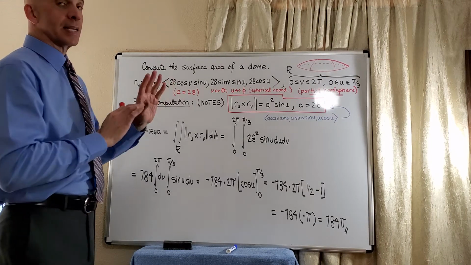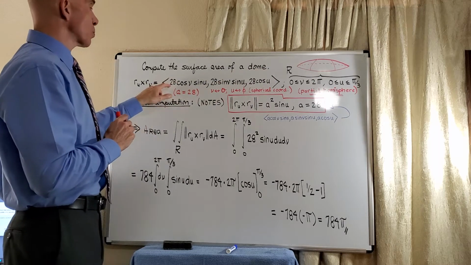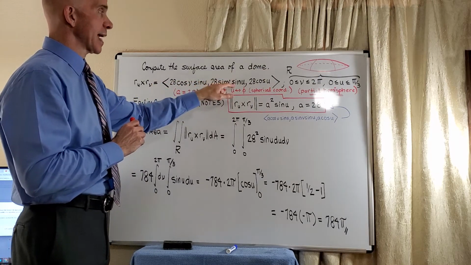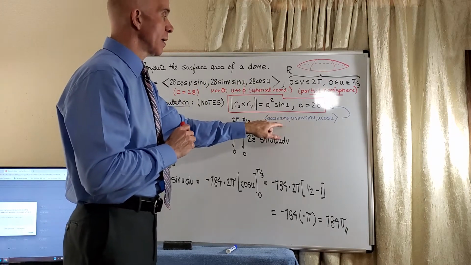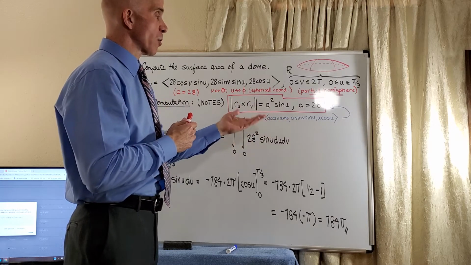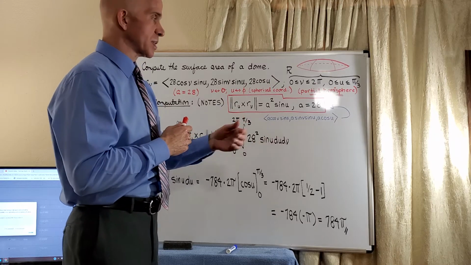However, it's incomplete when we look at the region R, but we have 28 cosine v sine u, 28 sine v sine u, and 28 cosine u. Now, if you look here in the blue, this mimics the more generalized parametric representation of a sphere that we've used in the past.